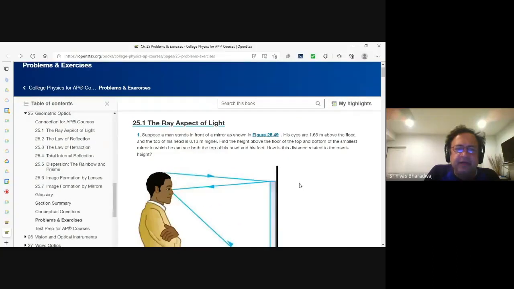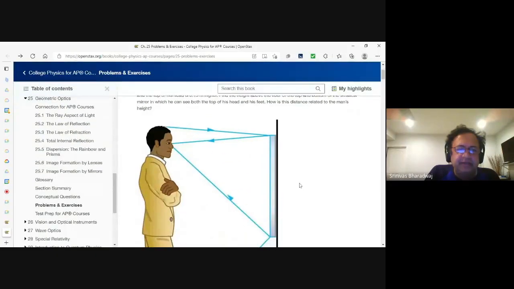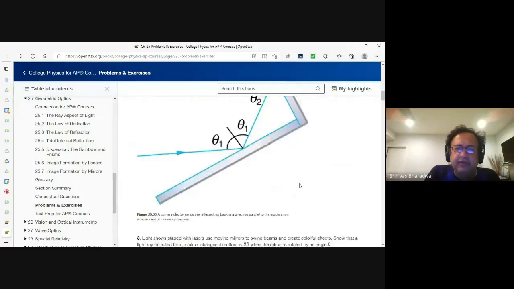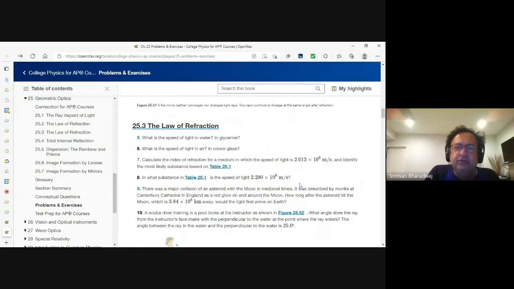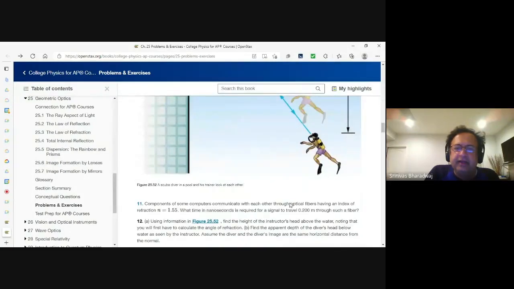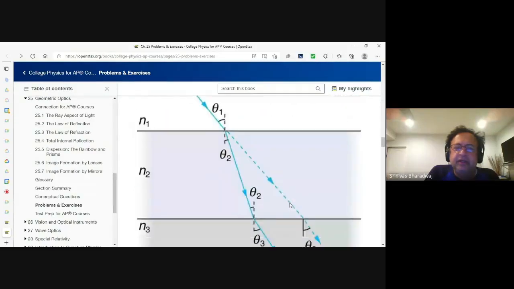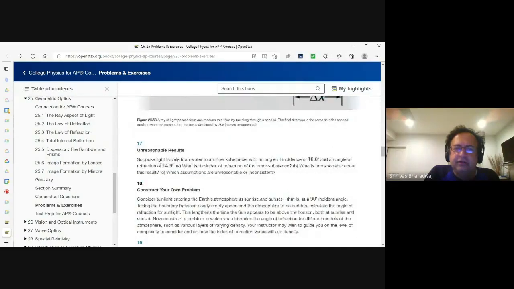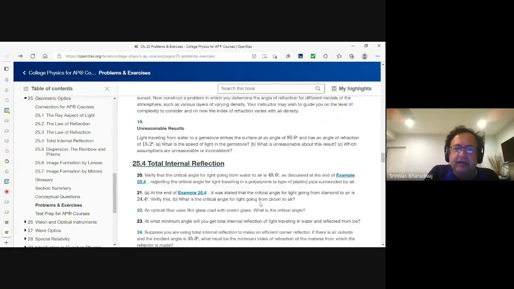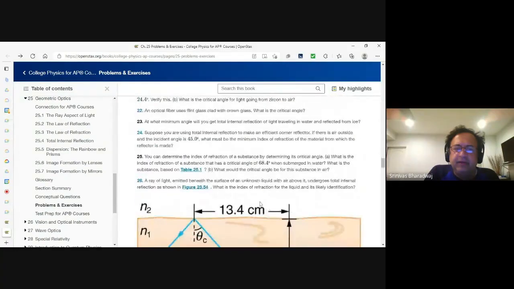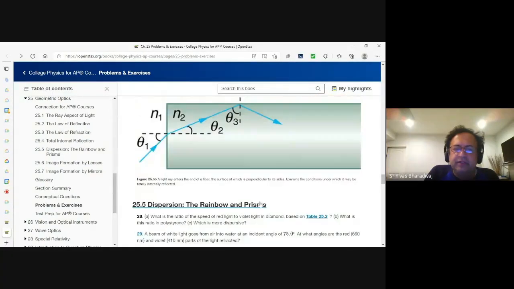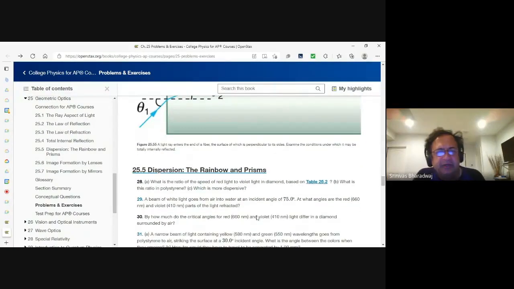Now, here are problems and exercises. The laws of reflection, so beautifully laid out. You can easily look at these concepts, and then you look at some of these questions to help you better understand the material.